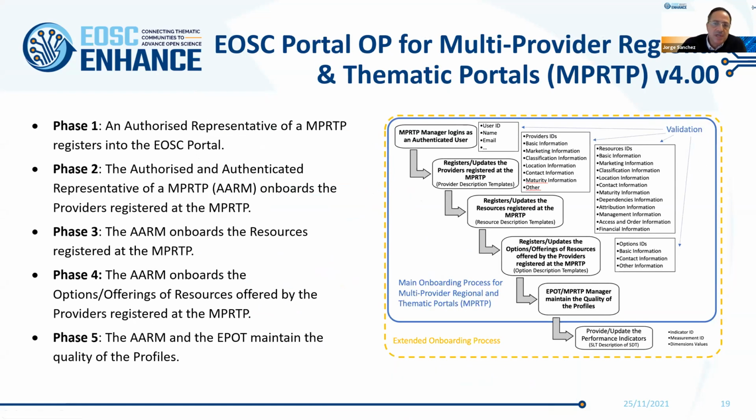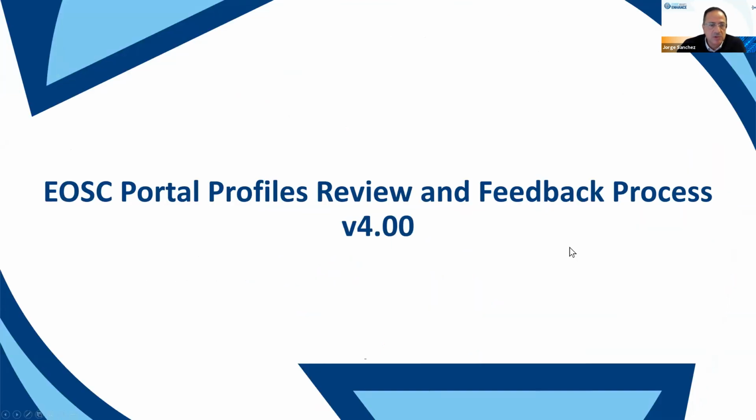Similarly to that, we have the new onboarding process for the multi-provider regional and thematic portals that also include the five phases, but has some additional steps that are required in order to facilitate the massive onboarding of providers and resources using the specific functions that have been developed in the portal, and George Papastefanatos will come to that later with more details.